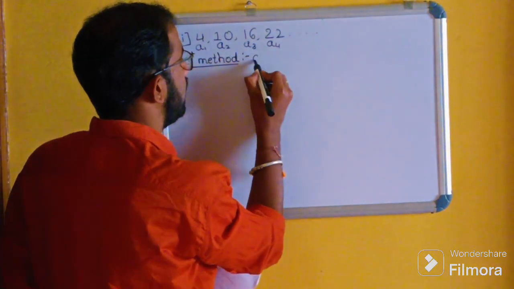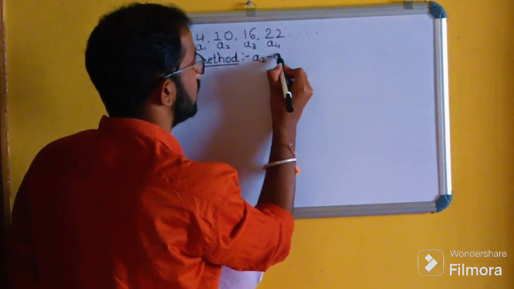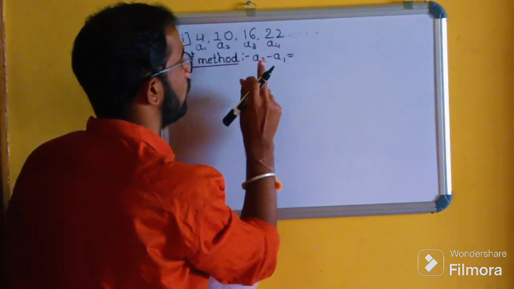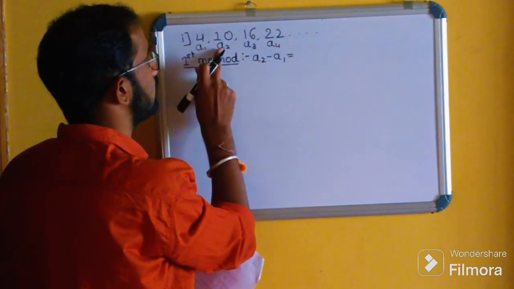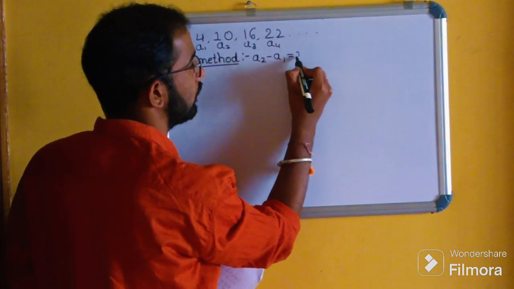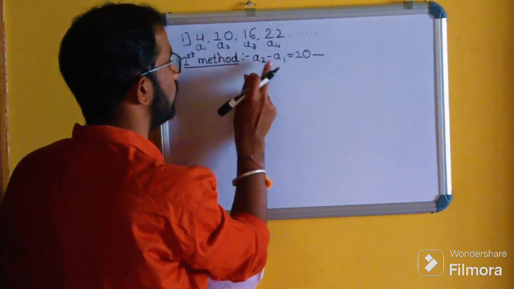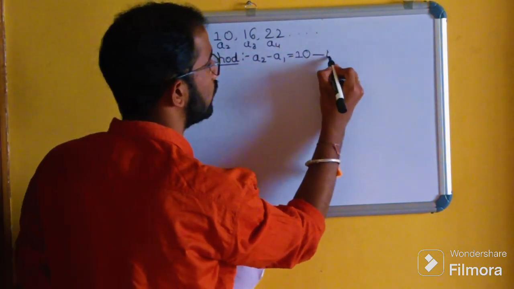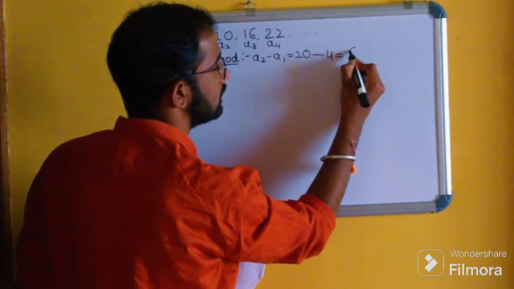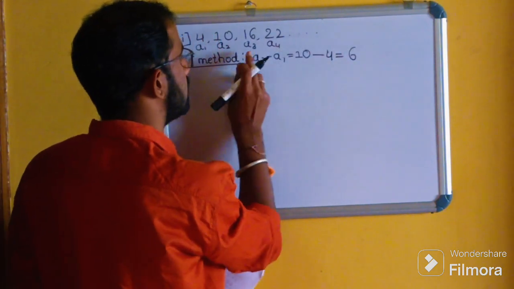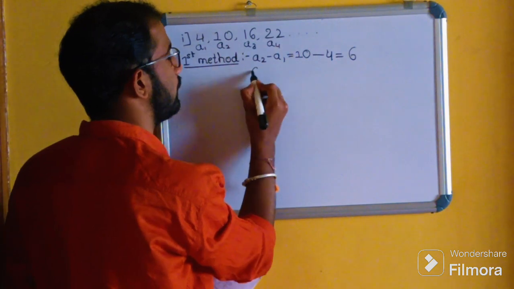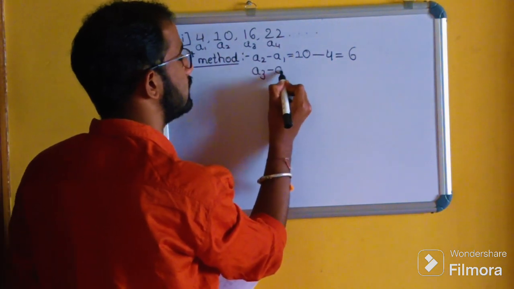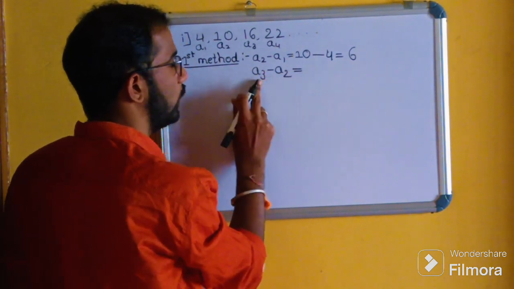So see, A2 minus A1. What is A2 over here? A2 is 10 minus, what is A1? It is 4. 10 minus 4 is 6. The next one, A3 minus A2. What is A3?